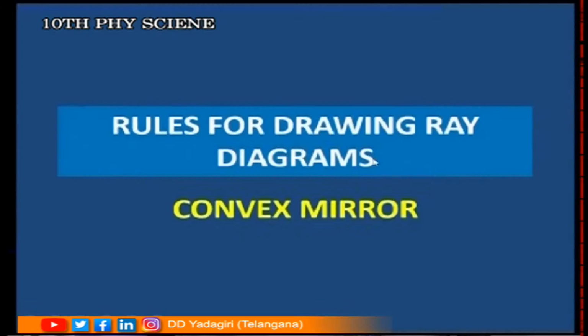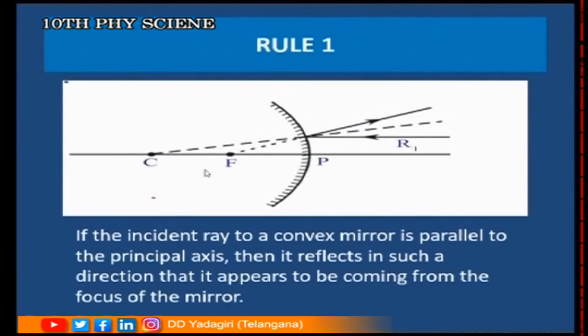Now, let us have a quick view of the rules for drawing ray diagrams for convex mirrors. We know that the focus and the center of curvature of the convex mirror lie behind the mirror. Now, when an incident ray parallel to the principal axis hits the mirror, it is reflected such that it appears to be coming from the focus of the convex mirror.